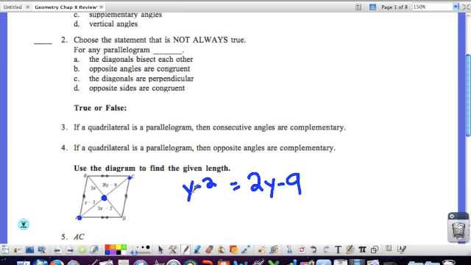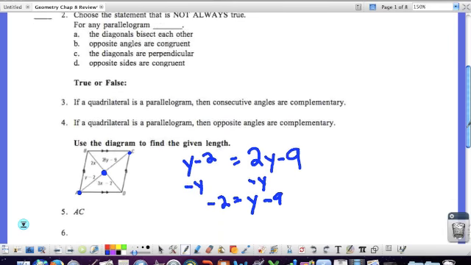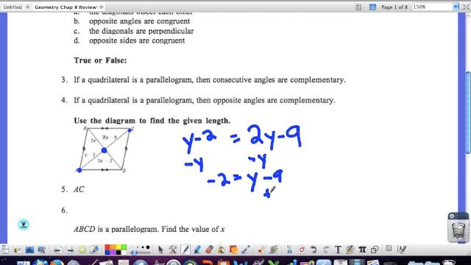So the first part is, we're going to subtract y from both sides. We get negative 2 equals 2y minus y is y minus 9. We're going to add 9 to both sides, and we're going to get y is equal to 7.